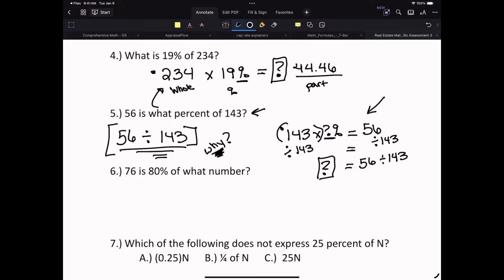And when we do that, we put this in the calculator: 56 divided by 143. And I got 0.39391, which I have to move this over if I want a percentage. 1, 2, that's 39.1%. That's the answer for this one.